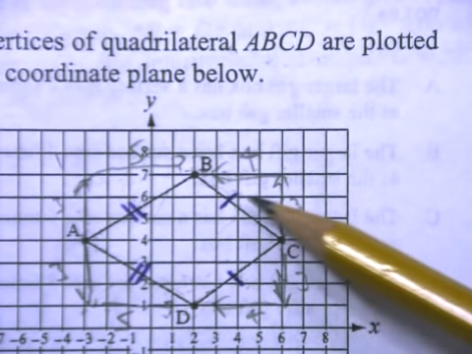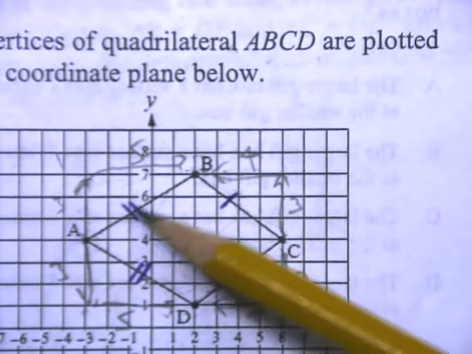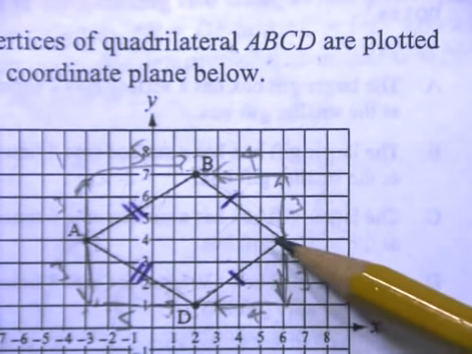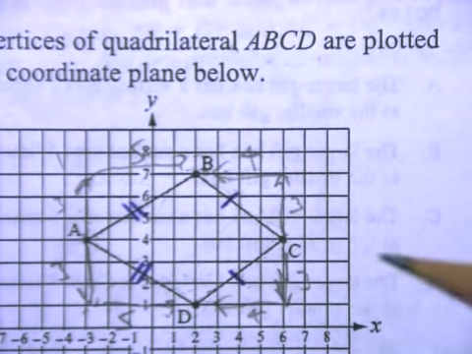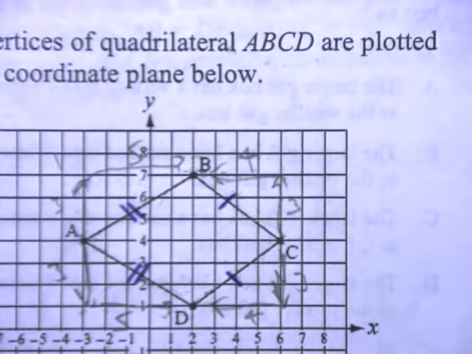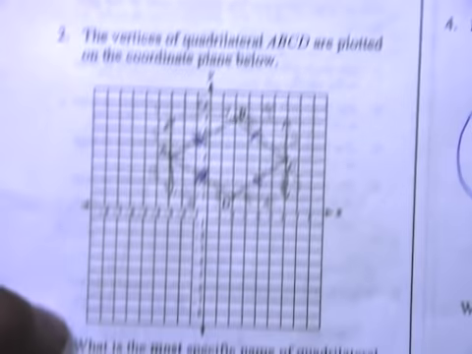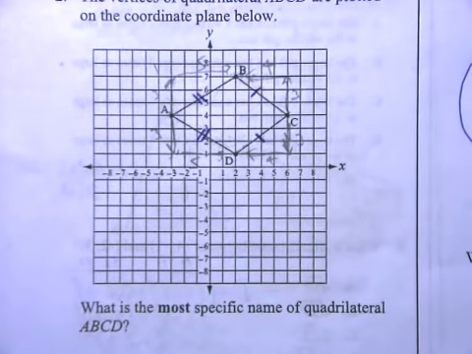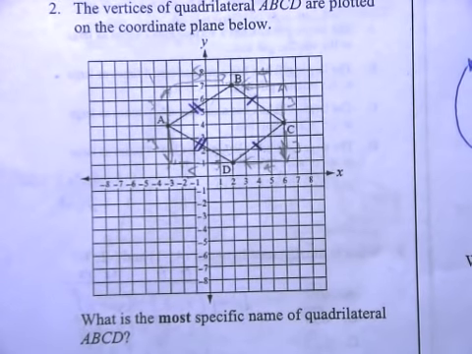So if you look here, the slope from A to D is negative 3/5, and this is negative 3/4. So they're not the same slope. Over here, this is positive 3/5, and this is positive 3/4. So opposite sides don't have the same slope. So obviously, my answer here is that it is a kite, which is choice A. Okay, it's choice A. Let's move on quickly to question number 3.